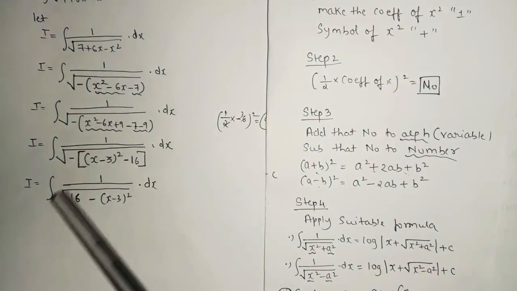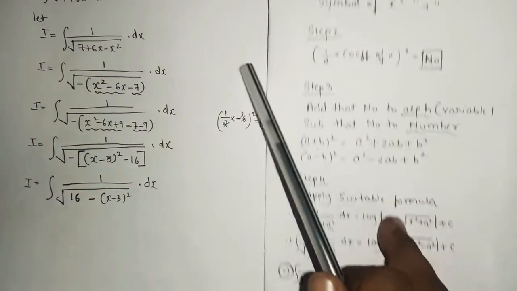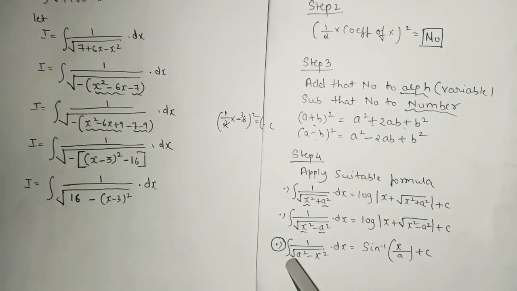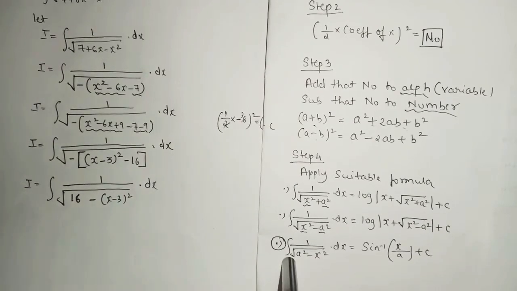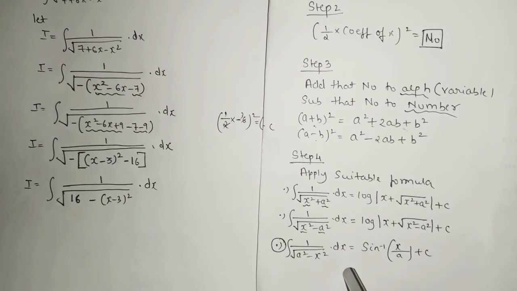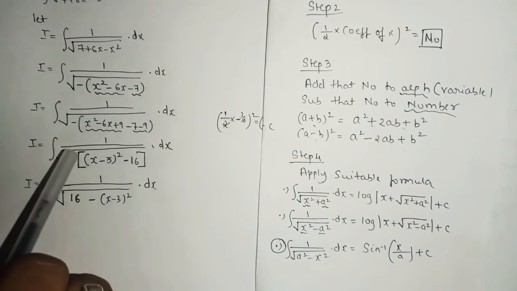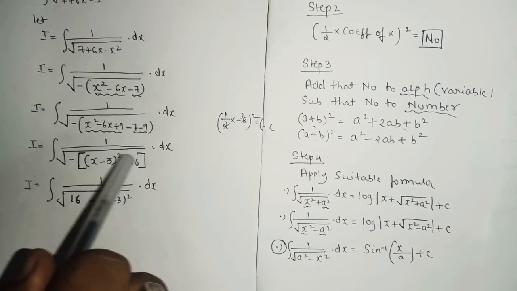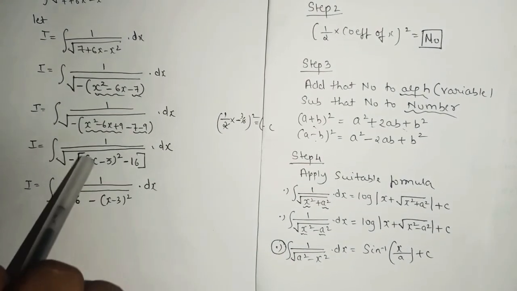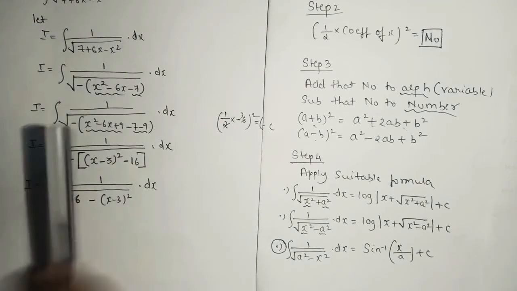Okay, in the next step, this will convert into the third formula. We have to bring the number first and then the alphabet, yes or no? That's why I bracket opened with this minus, to bring the number first and then the alphabet.